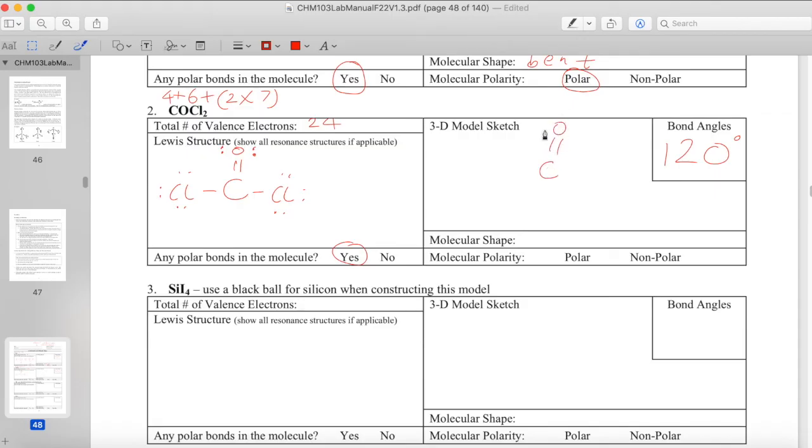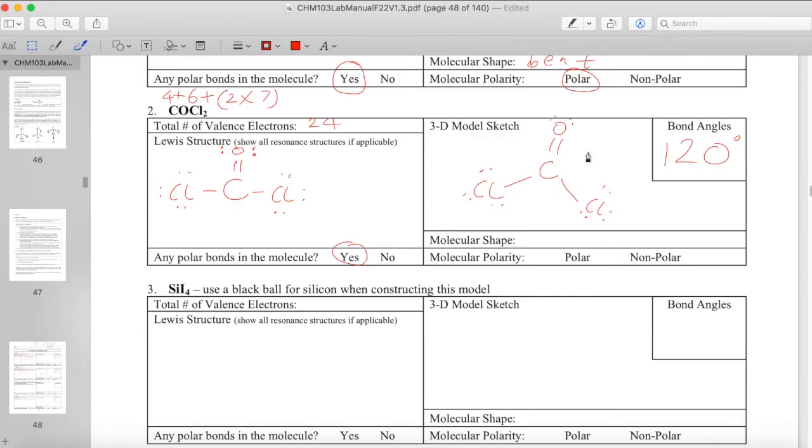In real life, if I were to have these electron pairs spaced out properly according to VSEPR theory, your chlorines would be pointing downwards a little bit like this. So you have a trigonal planar molecule, with 3 lone pairs over here. That's kind of what that would look like in real life.